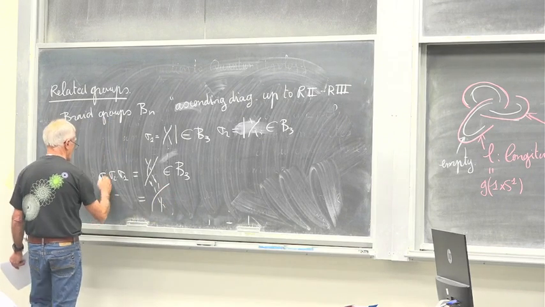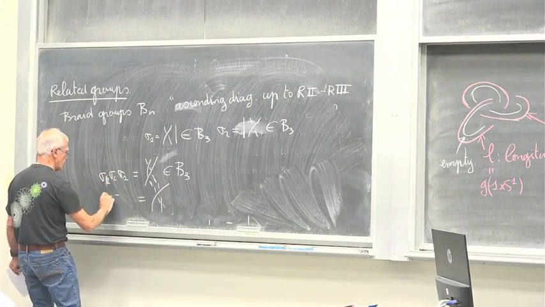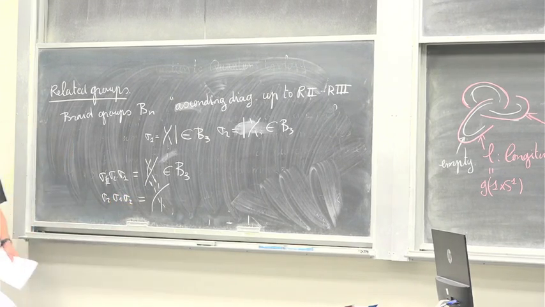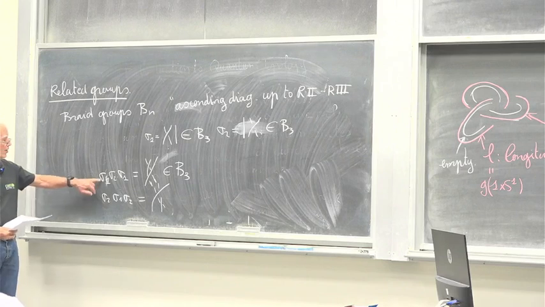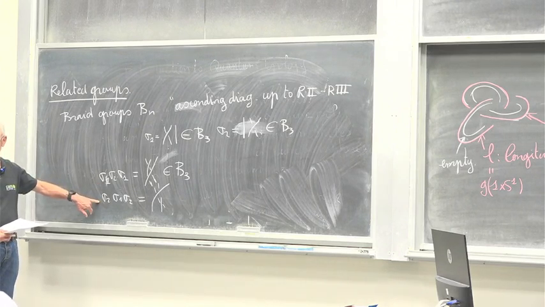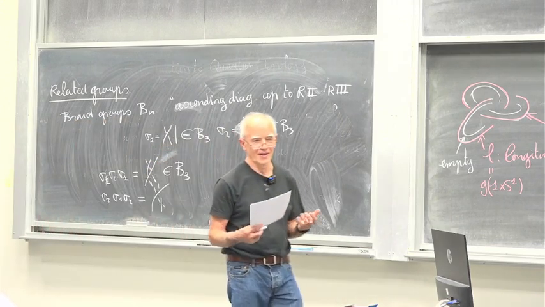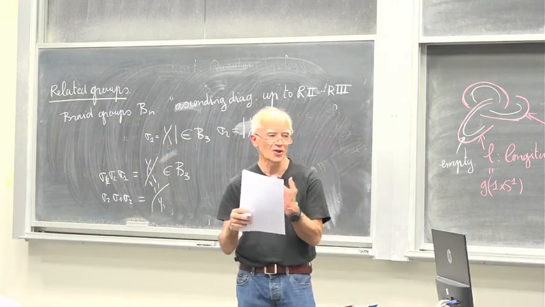So this is sigma 1, sigma 2, sigma 1 equals sigma 2, sigma 1, sigma 2. So this means that you recover a well-known relation if you work on presentations of symmetric groups. So we can understand the braid group, in some sense, as a quantified version of the symmetric group.